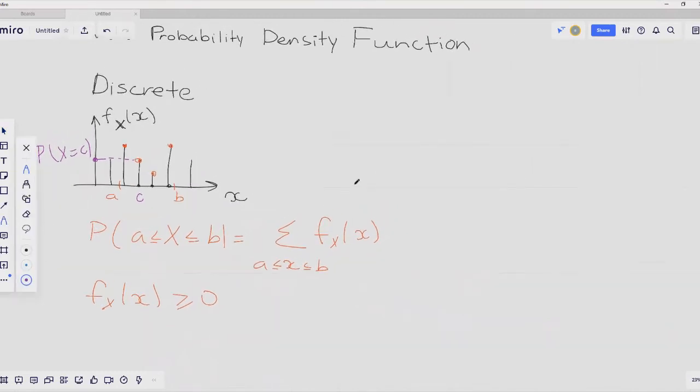Now, when we are working with a continuous case, we will have a function that is known as probability density function, or PDF for short.